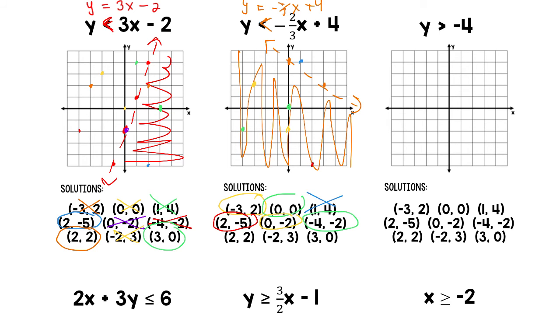Yes. 2, 2. Looks like it is in this case. Sorry, technical difficulties there. -2, 3. Definitely included. And then 3, 0. Yes, also included. So only one here, not included in our solution zone.